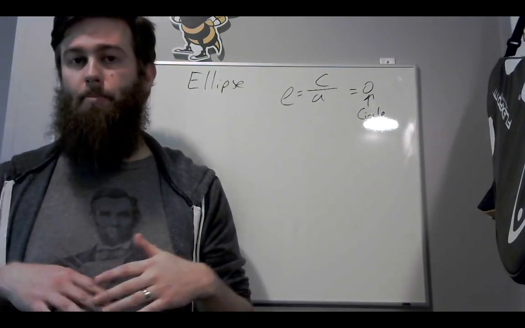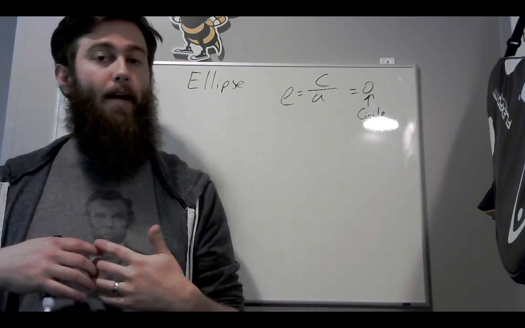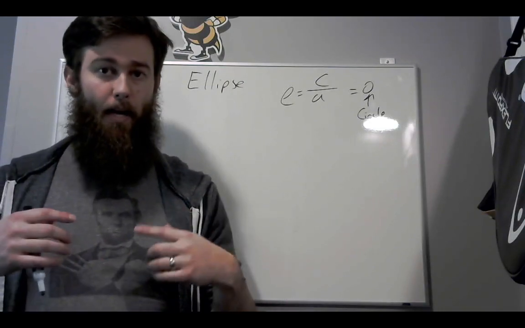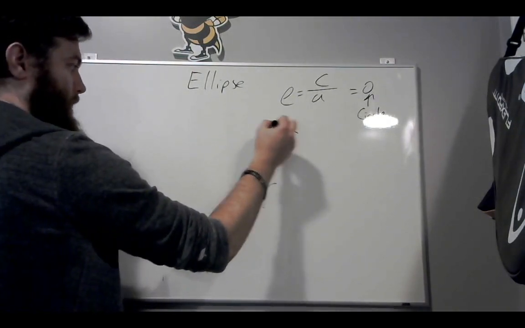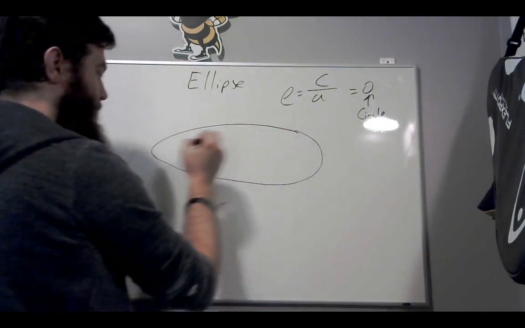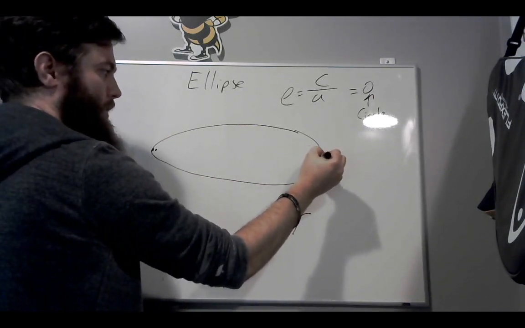So one of the examples is telling you that the eccentricity of Halley's Comet is 0.97. Because it's 0.97, that means that your focus point is really close to your actual endpoint.